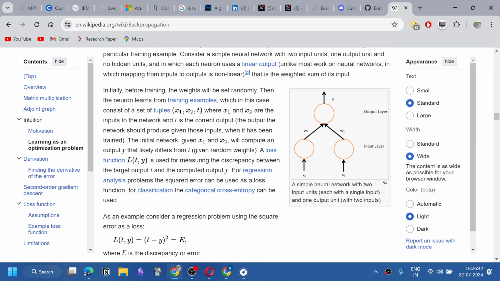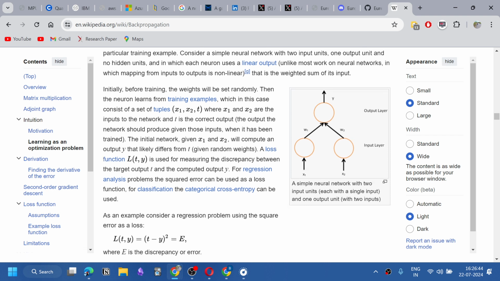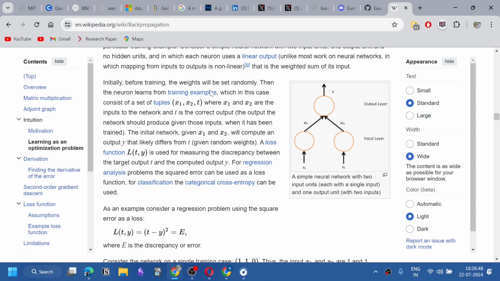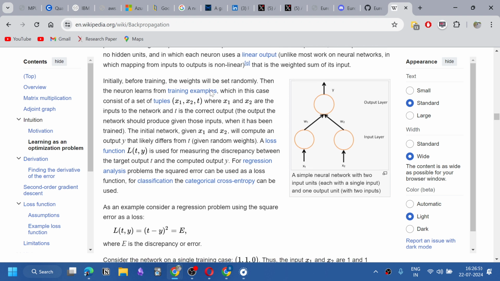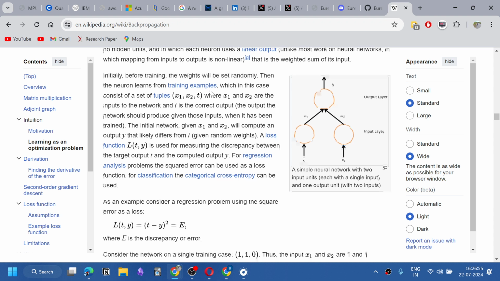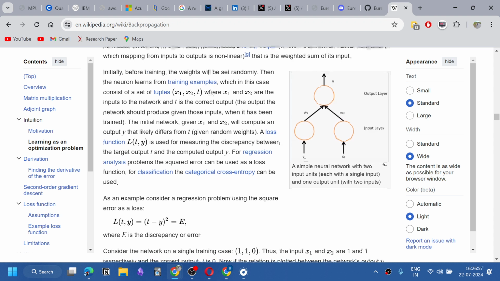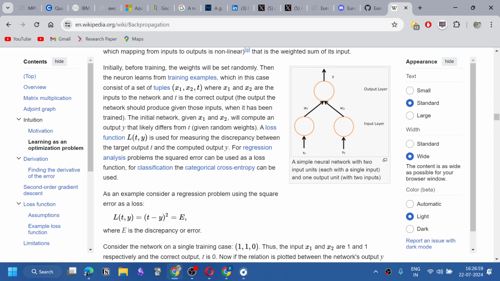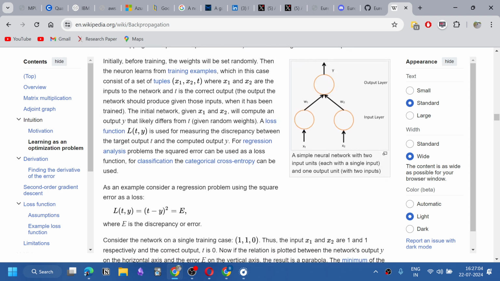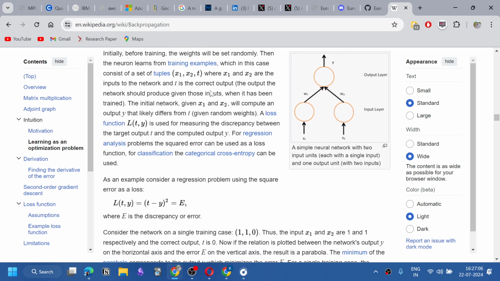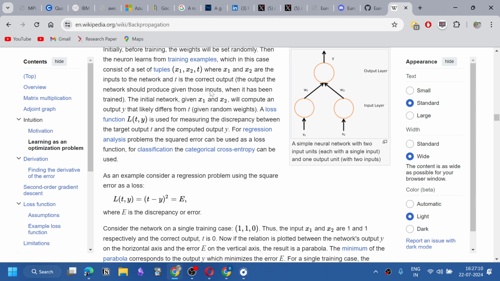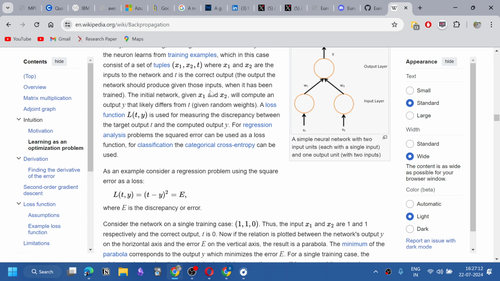Consider a simple neural network with two input units, one output unit and no hidden units, in which each neuron uses a linear output, unlike most work on neural networks, in which the mapping from input to output is non-linear. That is, the output is a weighted sum of its inputs. Initially, before training, the weights will be set at random.